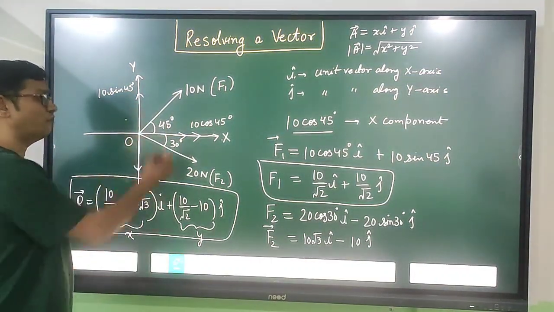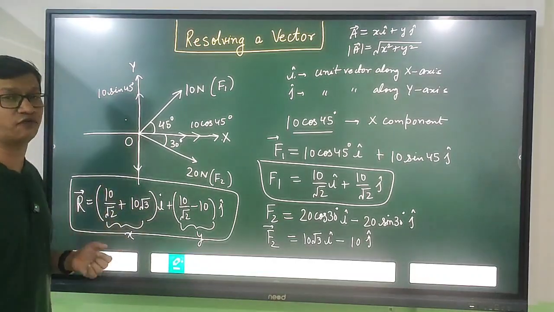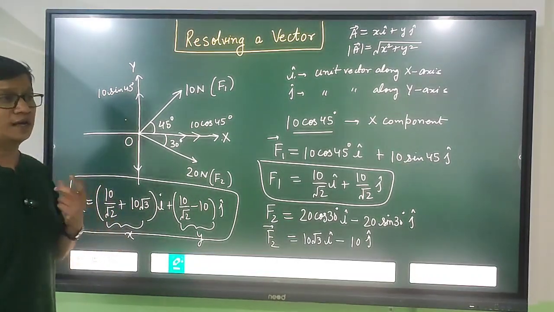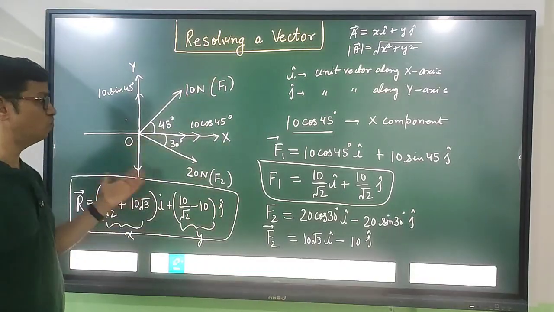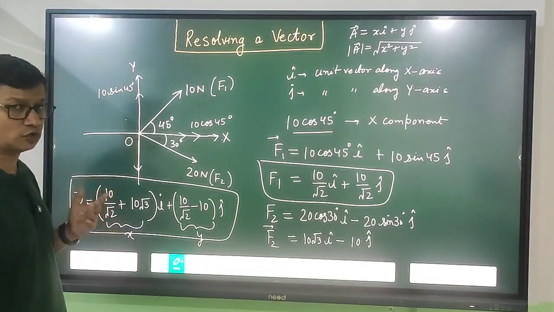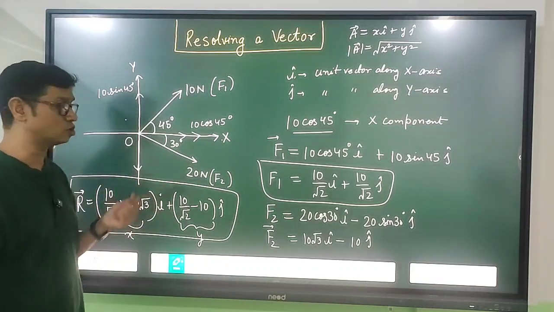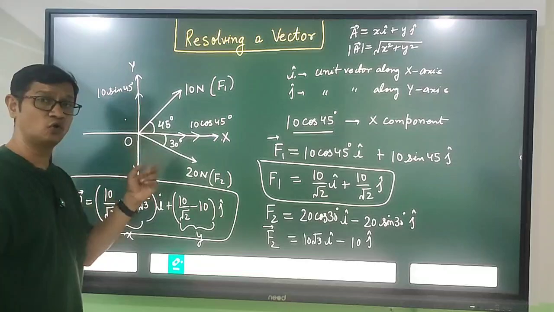Obviously, you could have also solved this question by using the a square plus b square plus 2ab cos theta formula. Because as a student, sometimes you get curious why we are doing all this when there is a direct formula. Yes, you can use a direct formula, no one can stop you, and it is easy also, but understand that the formula is only good for two vectors.